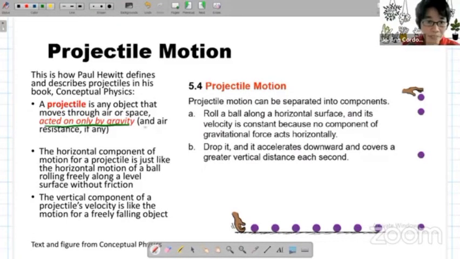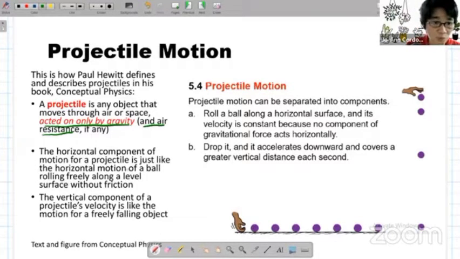Sometimes, we can also consider air resistance, but for our purposes in high school and even way back in elementary, we do not consider air resistance much. We only teach that projectile motion is affected only by gravity. So, we remove air resistance for now by saying that air resistance is negligible.